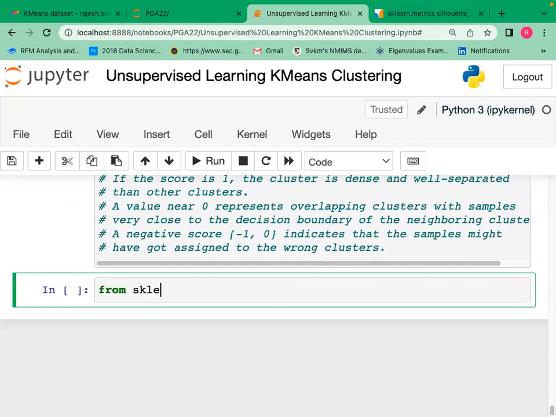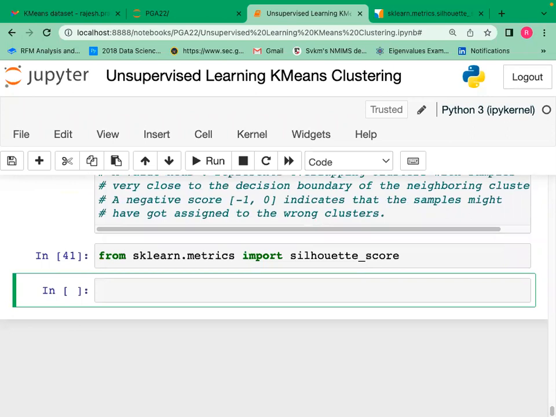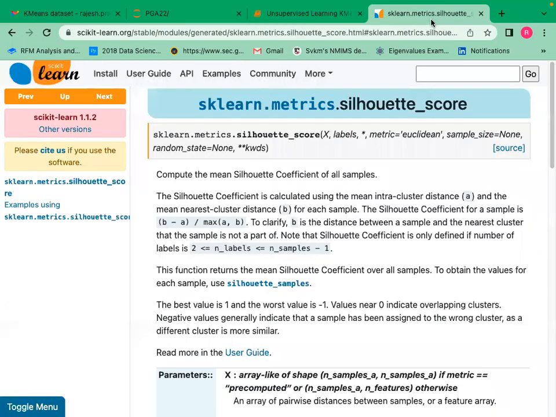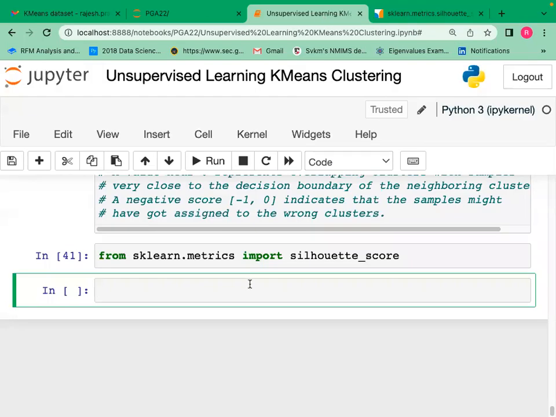From sklearn.metrics import silhouette_score. silhouette_score X1, comma, model dot labels.